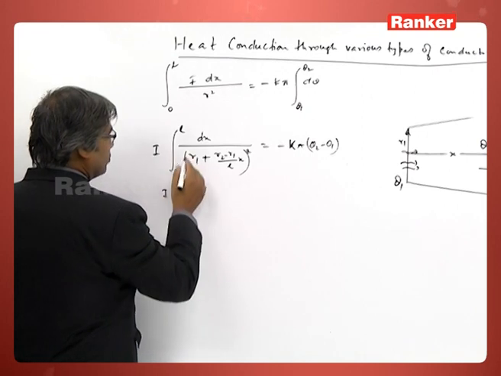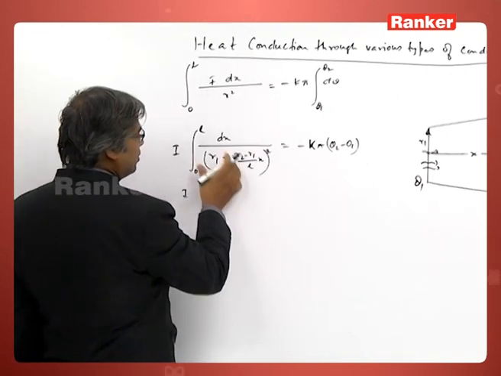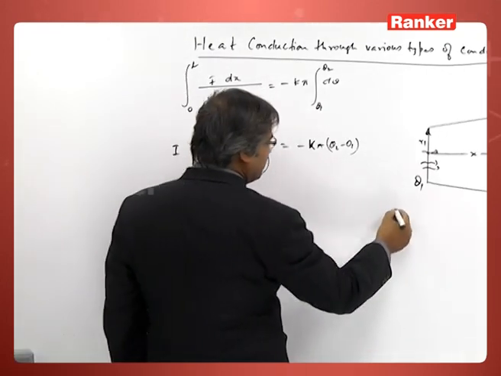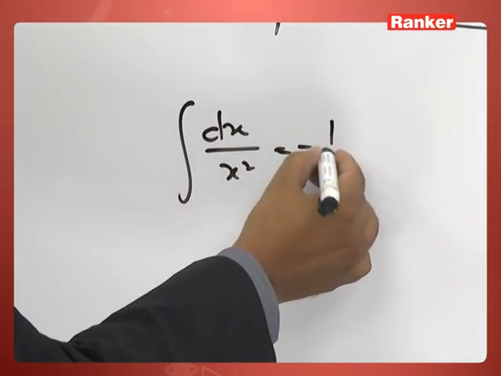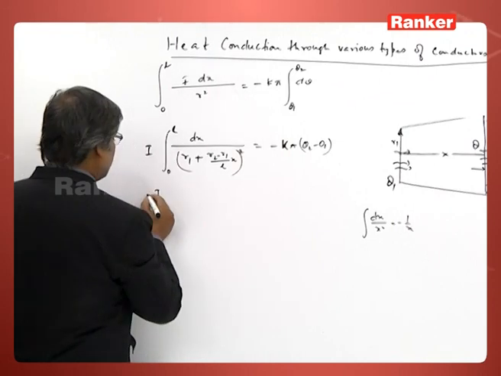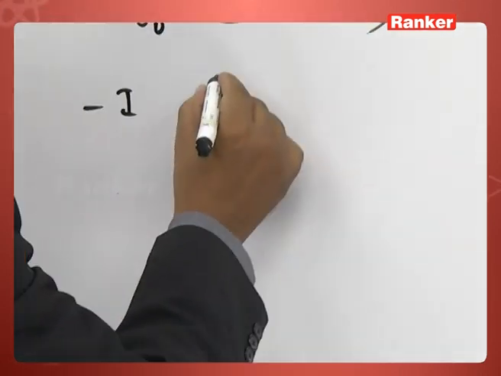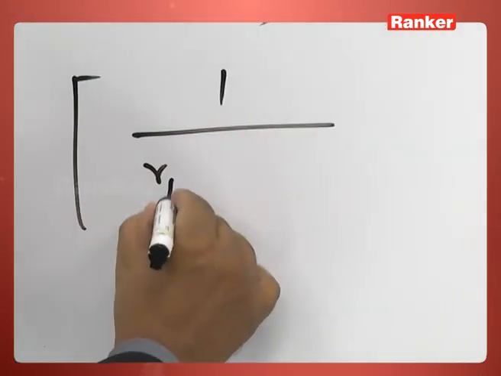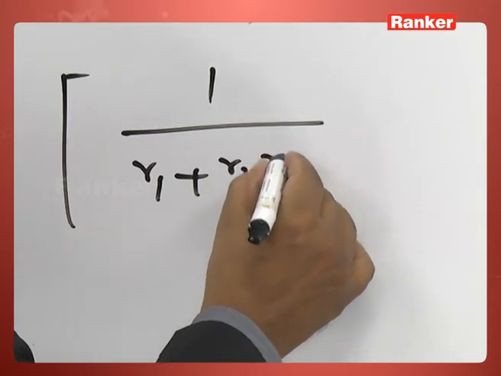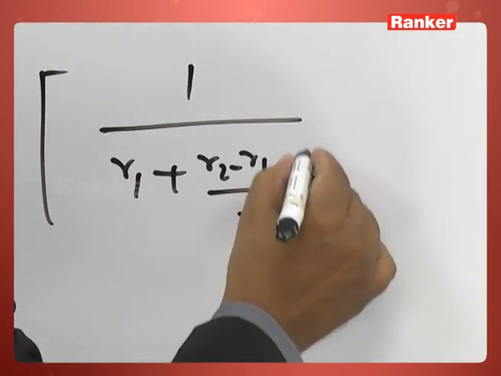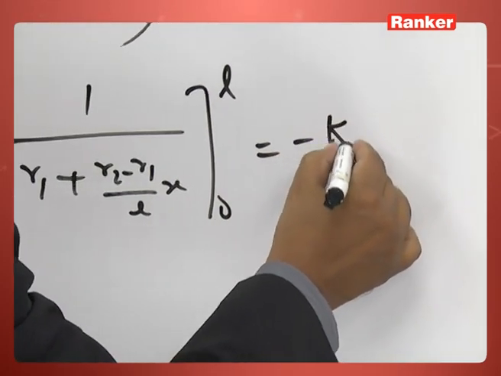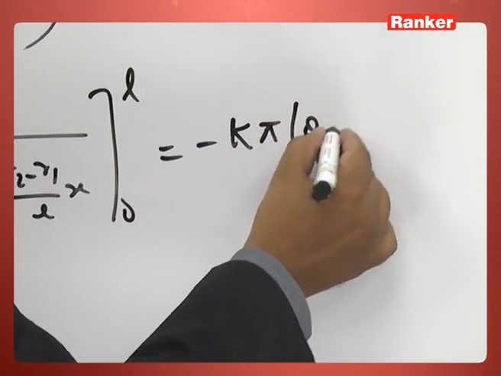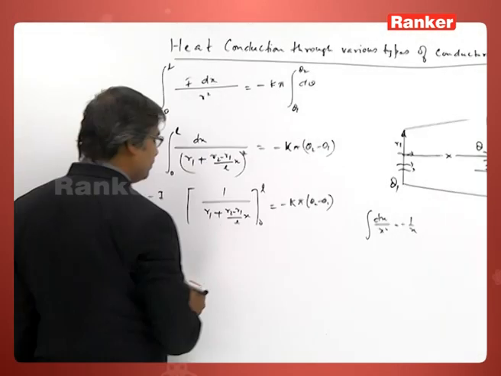Now, you see this is a square here, and this integration is of the form which gives minus 1 by x. So, minus 1 by (R1 plus (R2 minus R1) by L into x), with the limits from 0 to L, equals minus k pi (theta 2 minus theta 1).